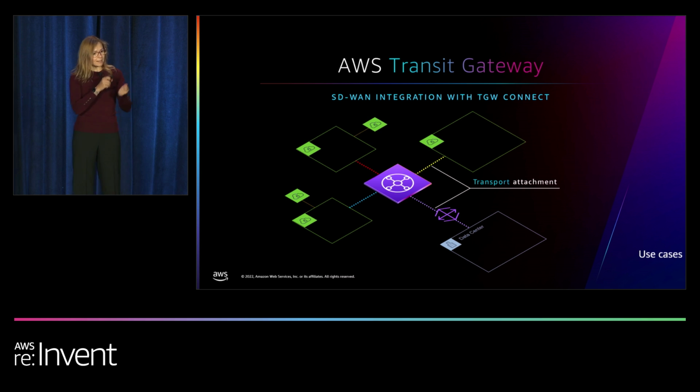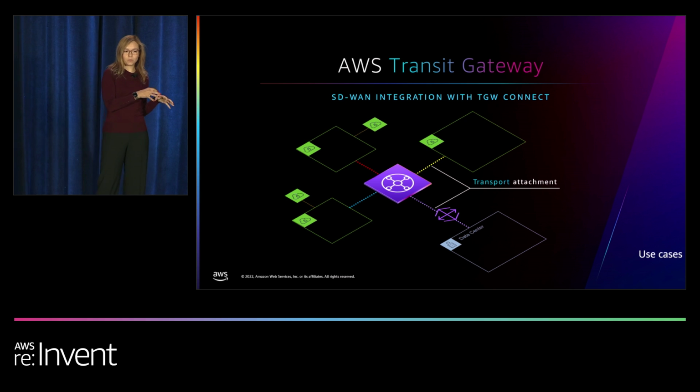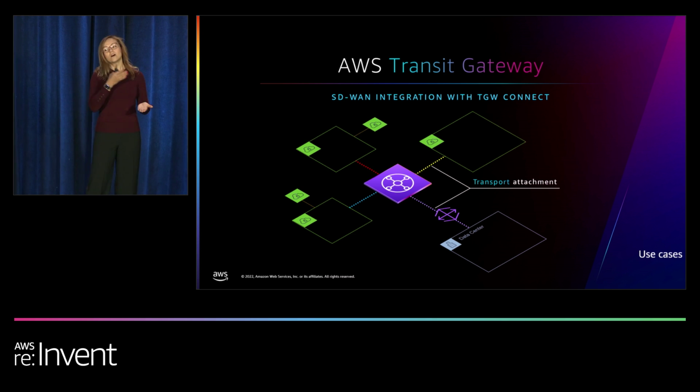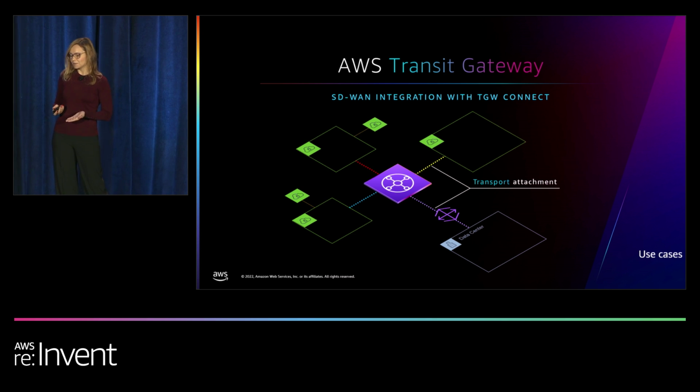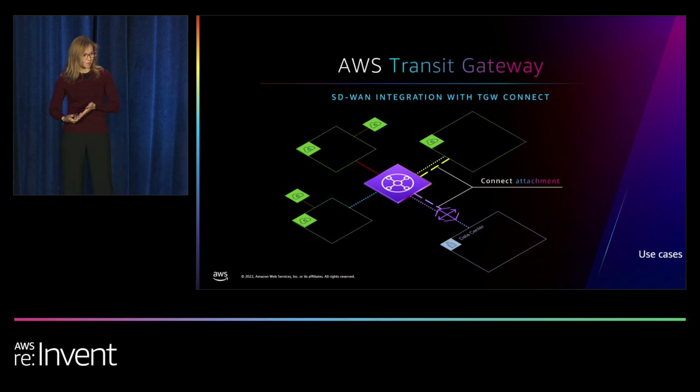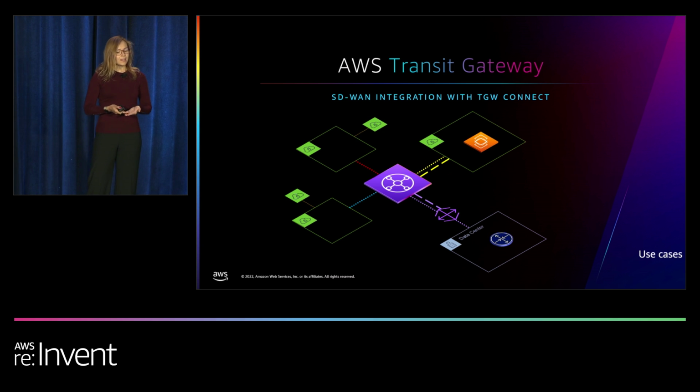To be able to create that Connect attachment, you have to specify a transport attachment for the Connect attachment. The transport attachment can be twofold. It can be a VPC attachment or a Direct Connect Gateway attachment. Once you've created the transport attachment, you can then create the Connect attachment, which is the one that enables you afterwards to define the Connect peers.